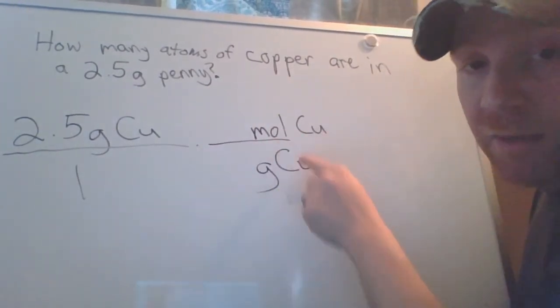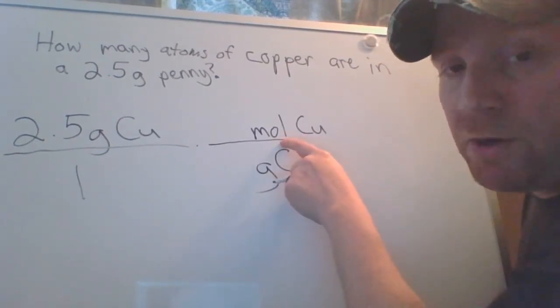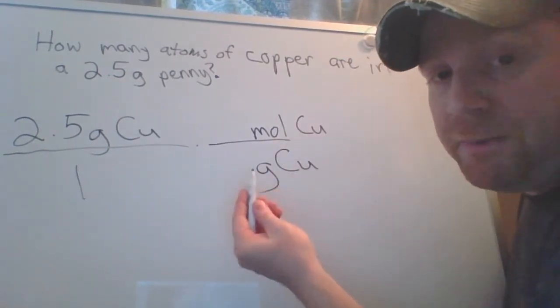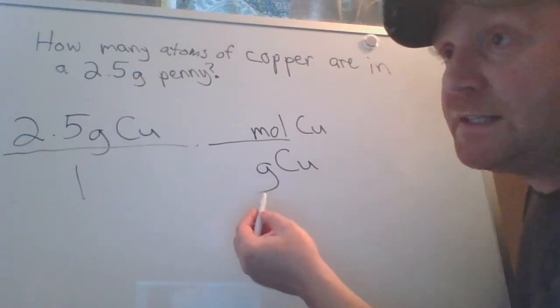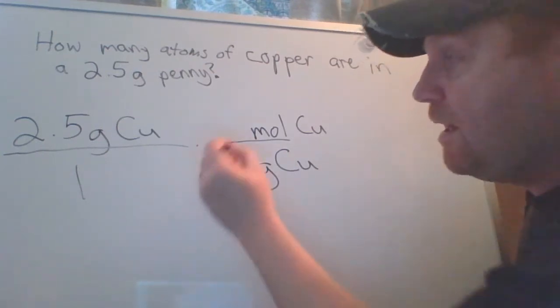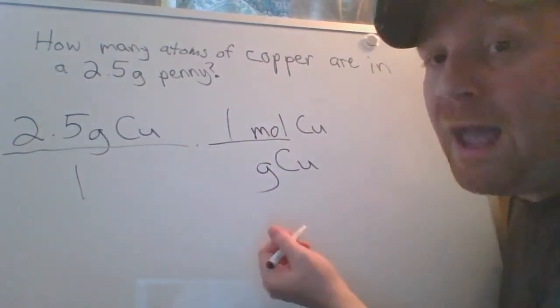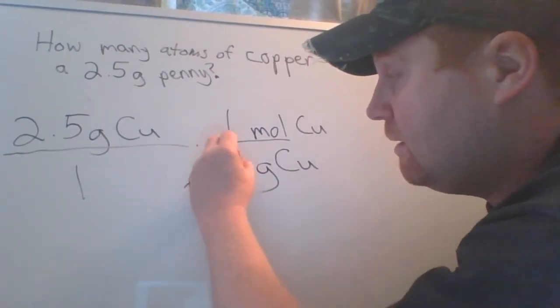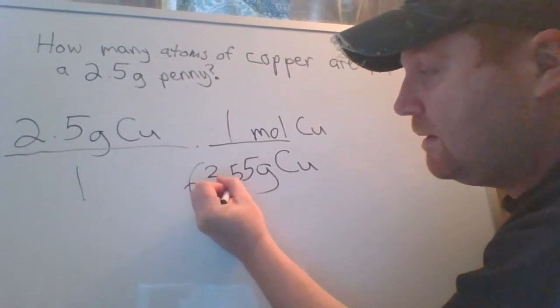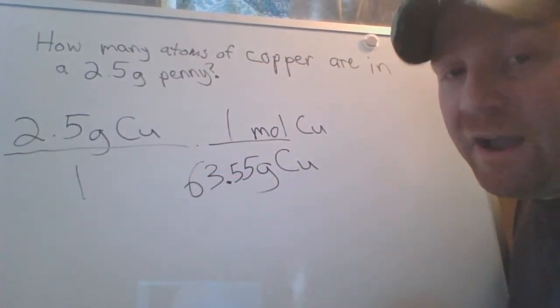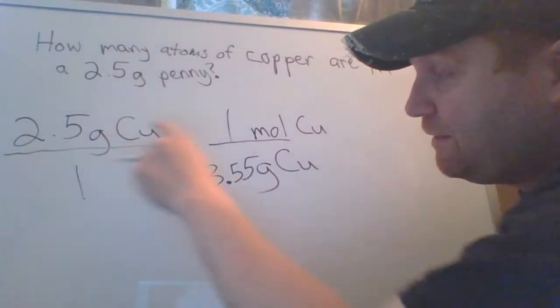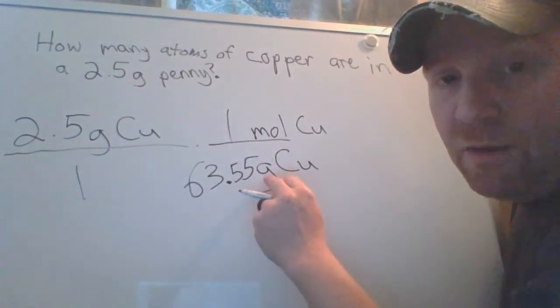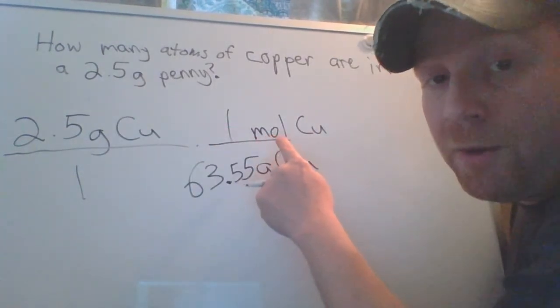Grams of copper on the bottom, moles of copper on the top. From the periodic table, the box for copper, we can say that 1 mole of copper has a molar mass of 63.55 grams.